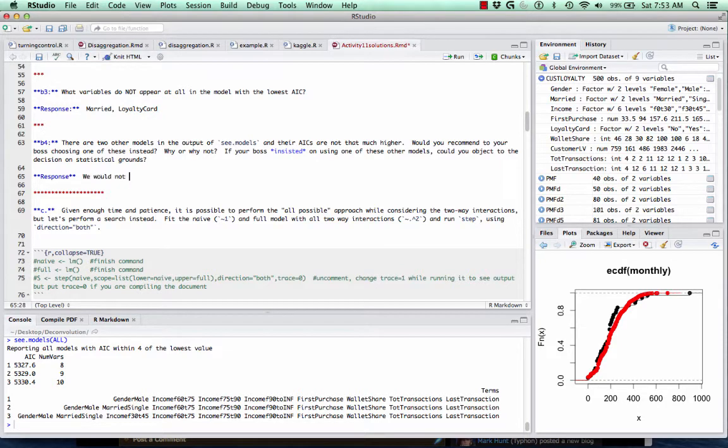So we would not recommend choosing either of the other two models because they are more complex. They have more variables in it.